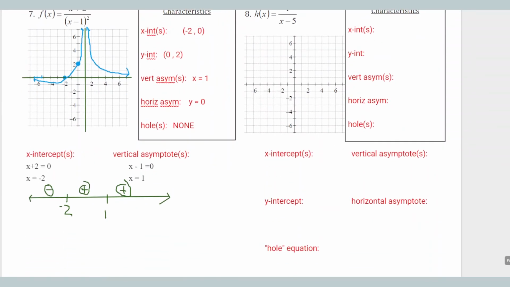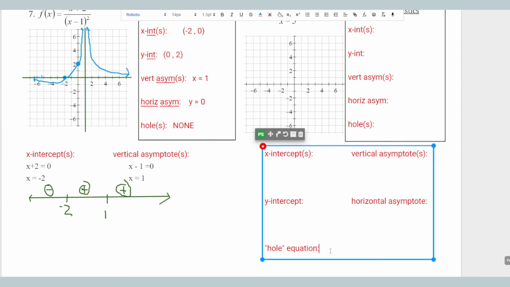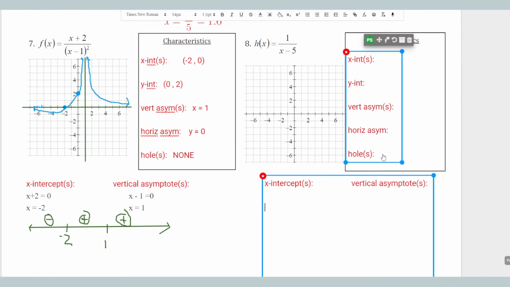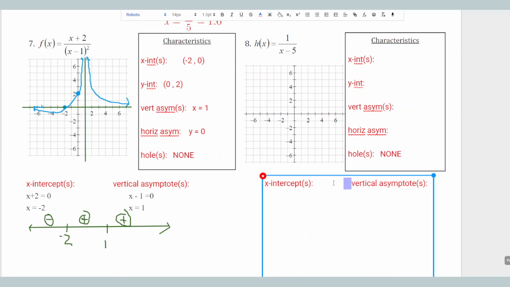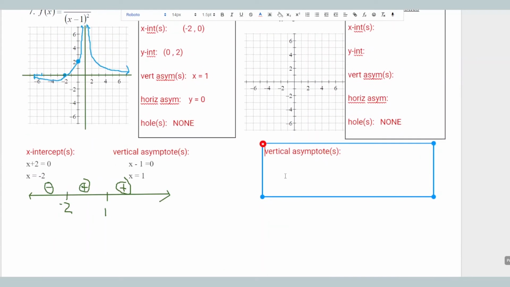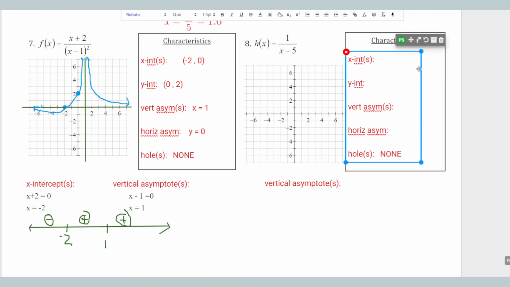It doesn't have a hole, so we don't need to worry about finding holes. And there are going to be no x-intercepts either, right? There's nothing to set equal to 0. If we tried to set 1 equal to 0, that would be a false statement, so we get no solution from an algebraic standpoint. From a graphical standpoint, that just means there are no x-intercepts.